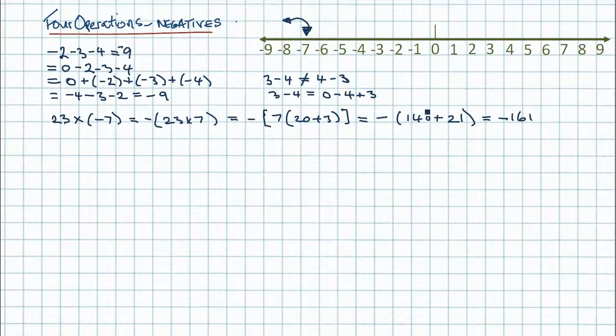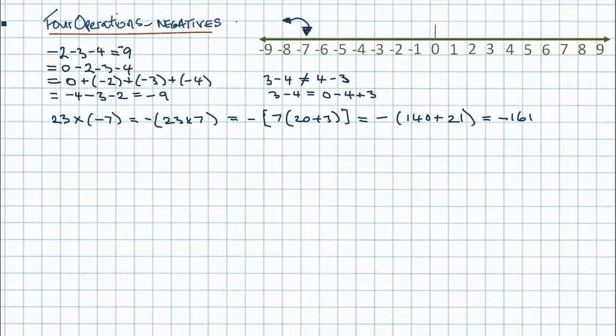So we just add whatever's in the brackets first, and then it's a negative. Okay, so that's multiplication of a negative times a positive. It would have been just the same if we'd done -3 times 7. It would have been -3, so way down here on the number line, 7 times going further and further into the negative.